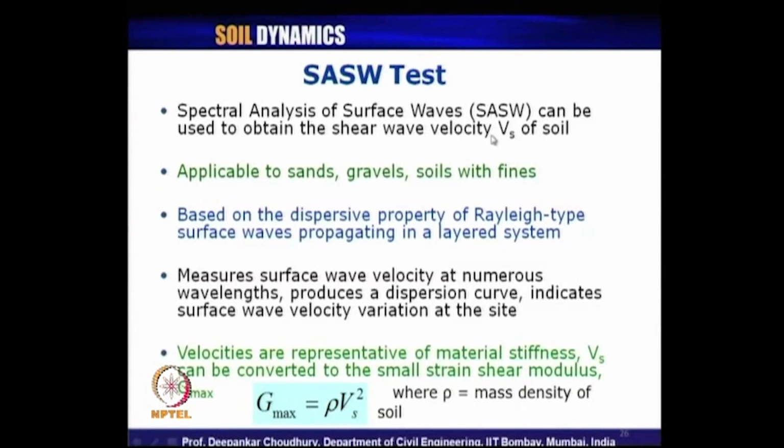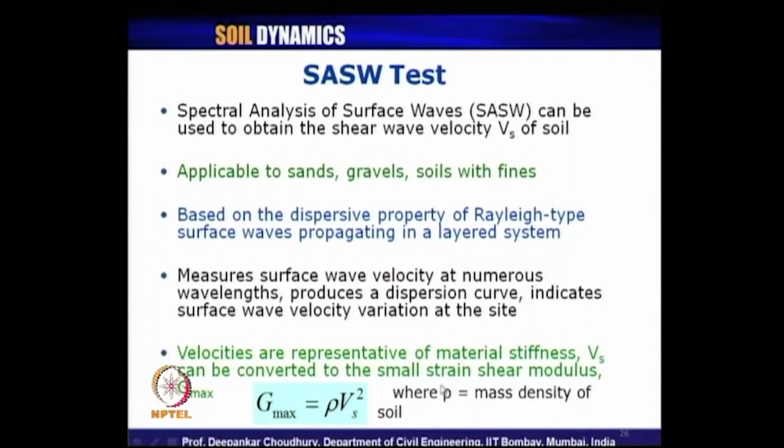That finally will be used to obtain Vs, and these velocities are representative of material stiffness, because the shear wave velocity represents how stiff the material is. If the Vs value is lower than for the other material, then it automatically means that the stiffness of that material is lower, and it can be converted to obtain the small strain shear modulus.